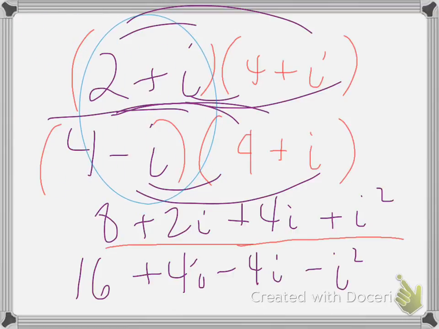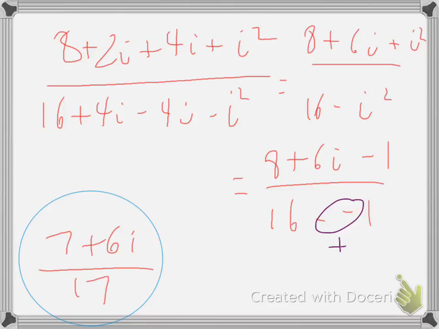We zapped it by multiplying by the conjugate, worked that thing, multiplied it all, foiled it out, and we got to this answer, which I think is lovely.